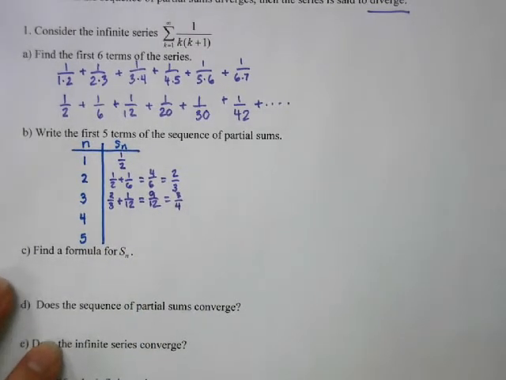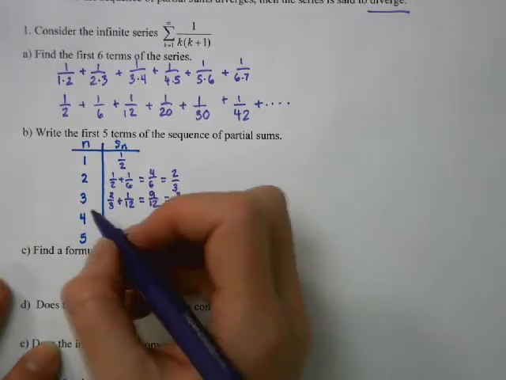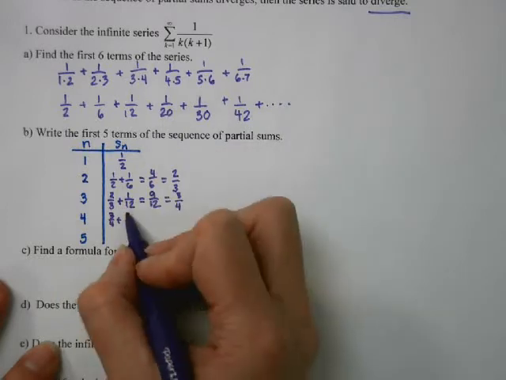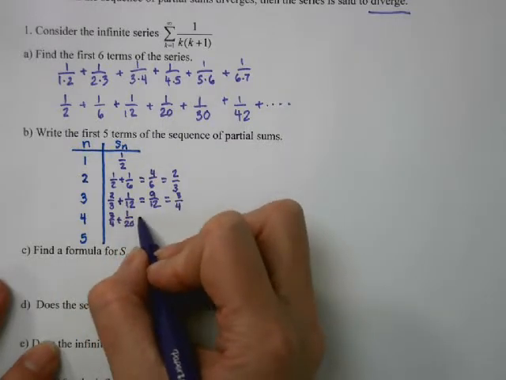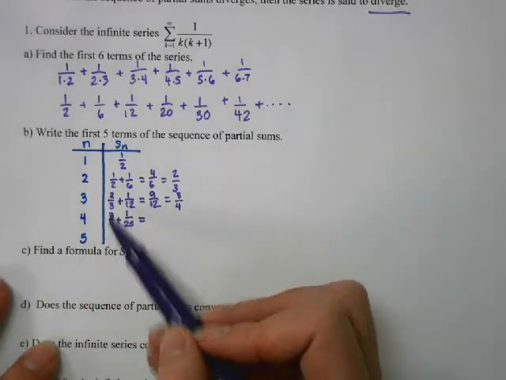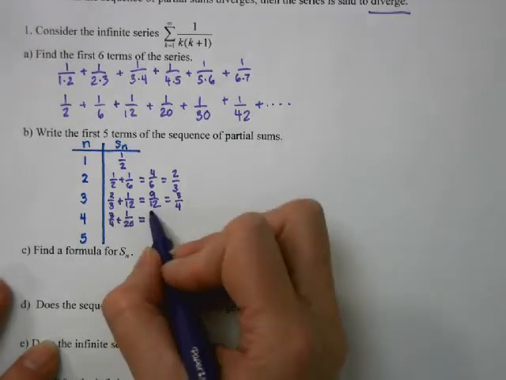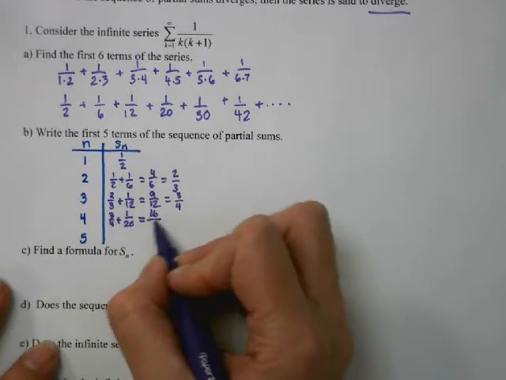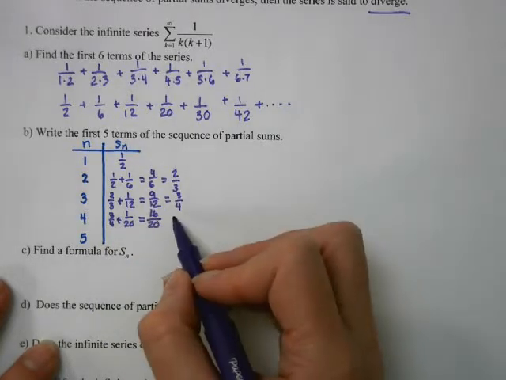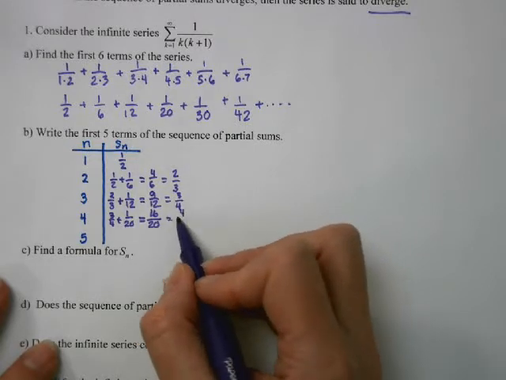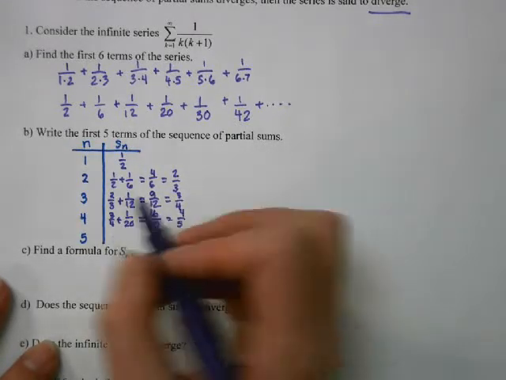And you may start to see a pattern appearing here. 4 is going to be 3/4 plus the next term, so plus the 1/20. So multiply this by 5 over 5, we get 15/20 plus 1/20, so we get 16/20, which is 4 over 5.